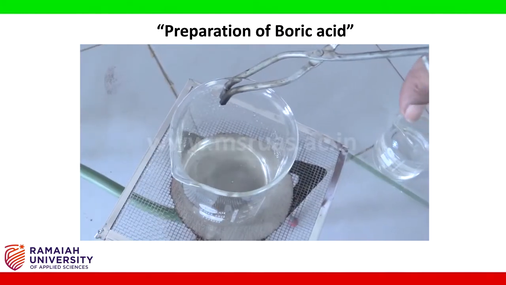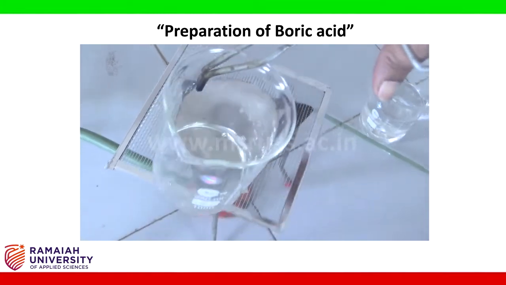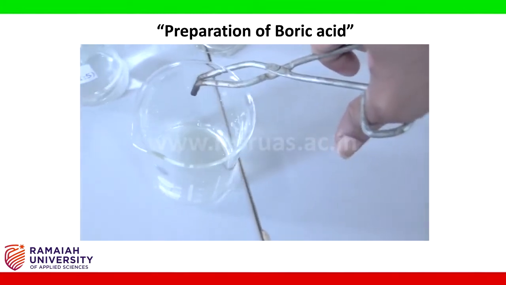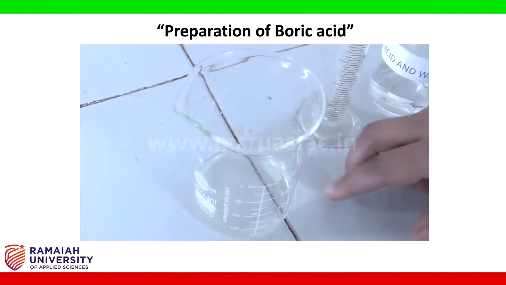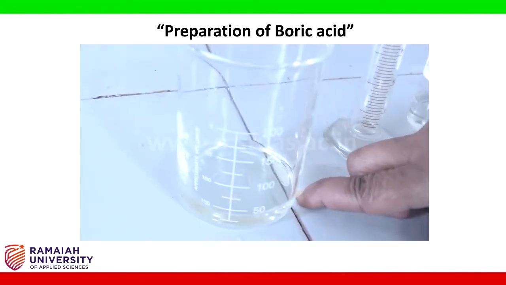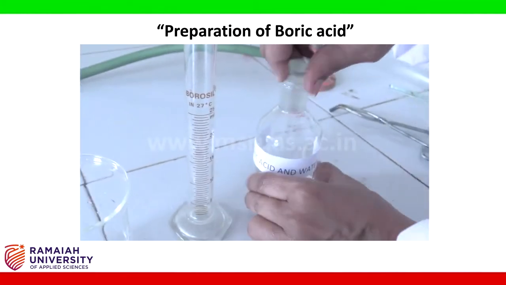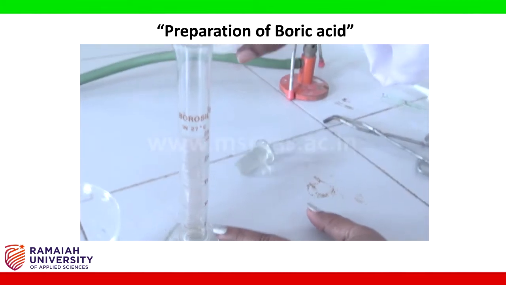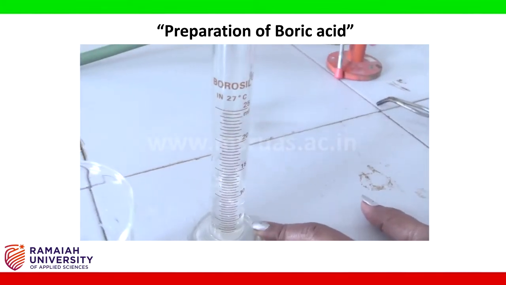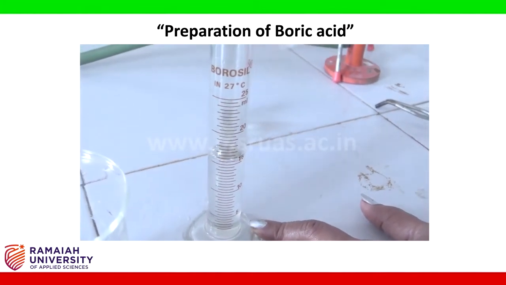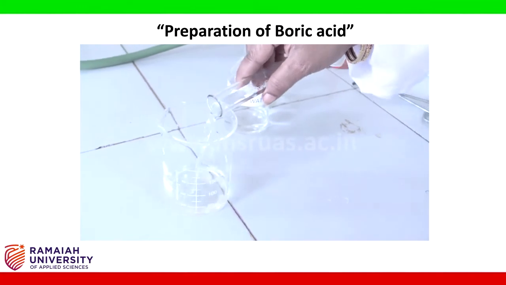After completely dissolving the borax, it is taken out and kept for cooling at room temperature. After cooling the borax solution, now add 15 ml of sulfuric acid to water in the ratio of 1:5.